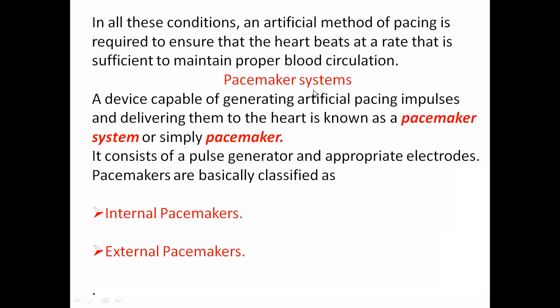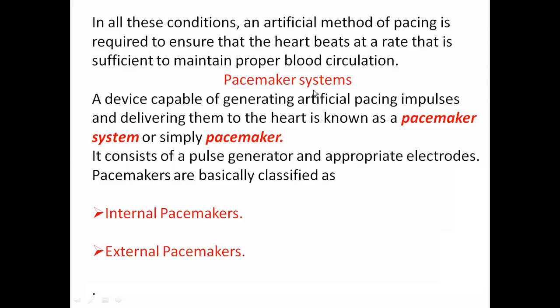It consists of a pulse generator. We have to provide some pulses or impulses to the heart, so it should generate pulses. That is the pulse generator.